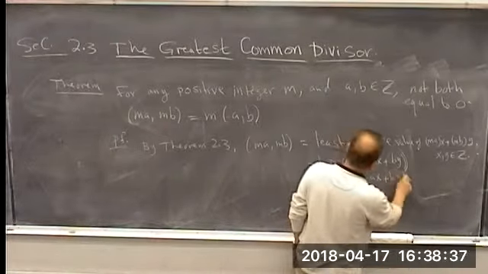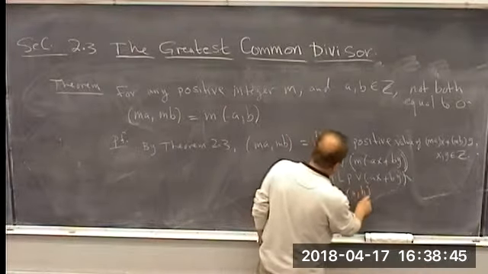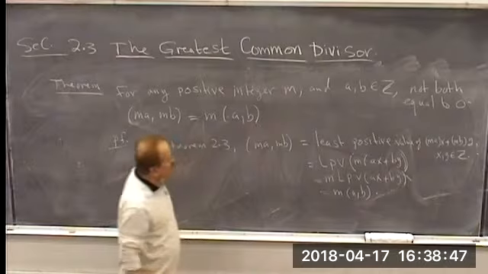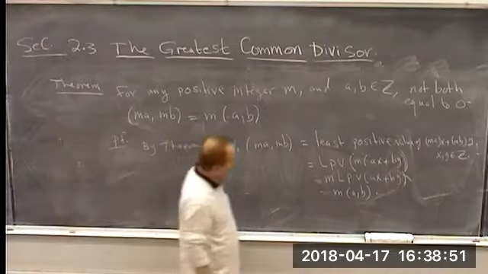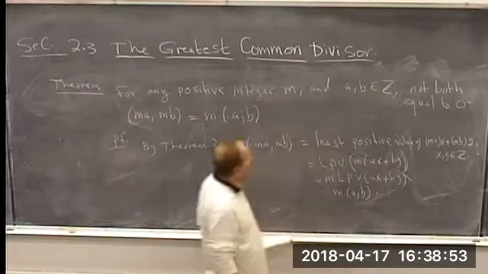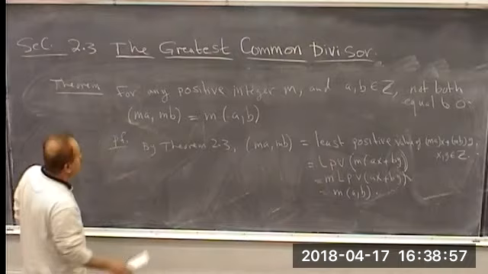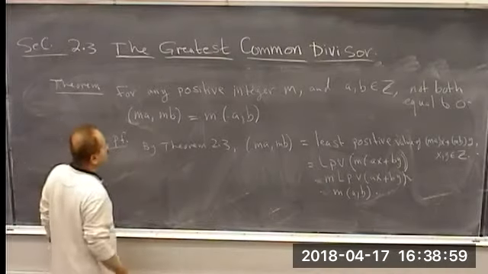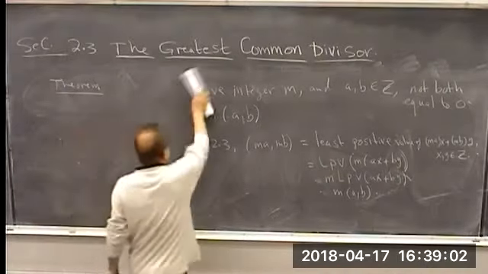So we're taking a positive value here, and this is equal to m times the greatest common divisor of A, B. All right. The next theorem that we're going to prove actually uses this, and it's a slight modification of this theorem, and it goes like this.